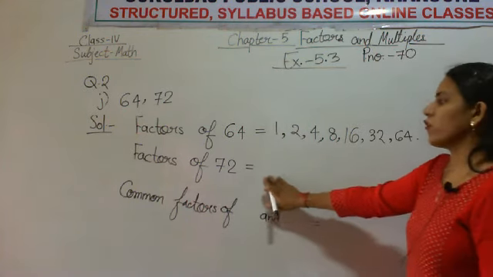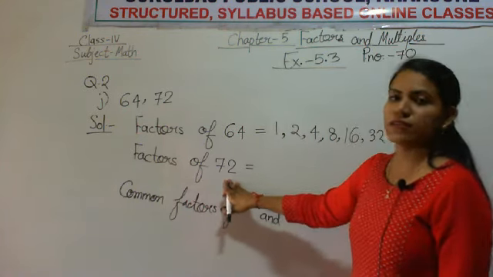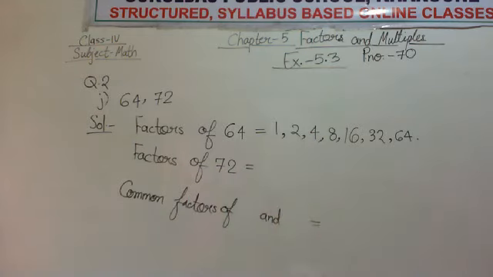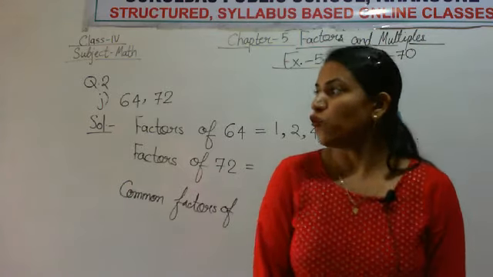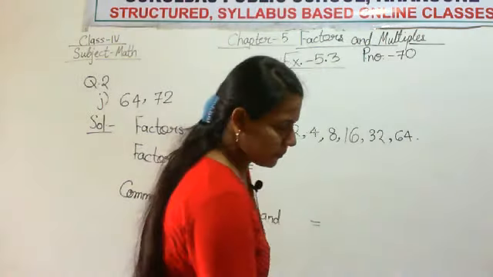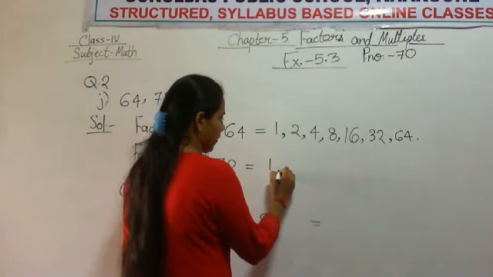Now we are going to write the factors for number 72. So think what will be the factors of number 72. Think. 1 is the factor for every number. So 1 is the factor.